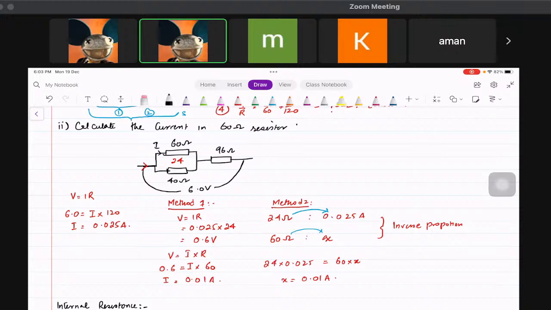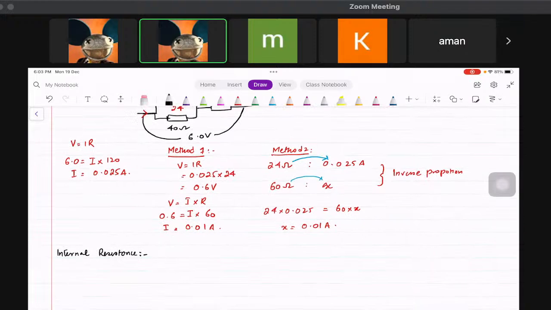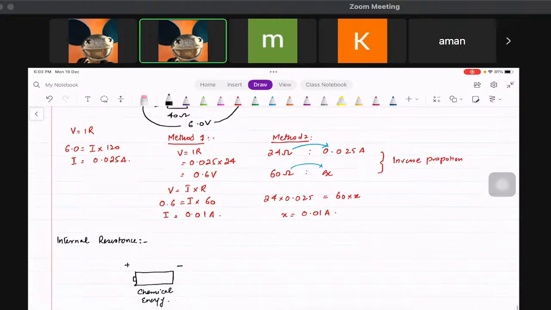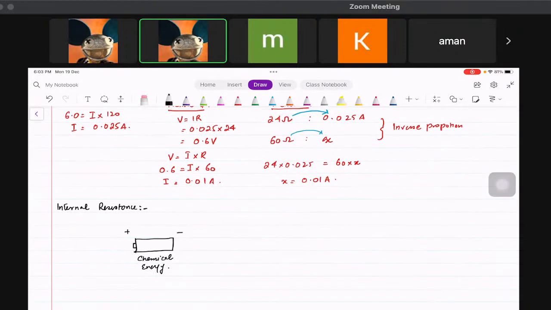Now, internal energy comes from within the battery itself. The reason is that a battery looks like this. If you go buy a cell, it looks like this. The main stored energy in a battery is the chemical energy inside. I don't know if it's taught in chemistry anymore, but in my days when I was doing my IGCSEs, I learned this too.